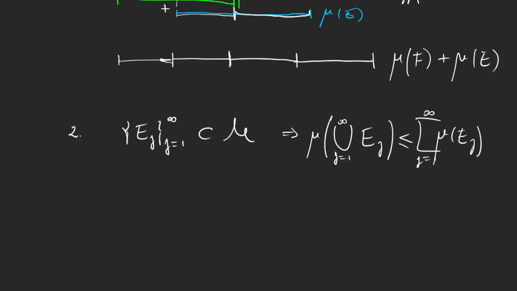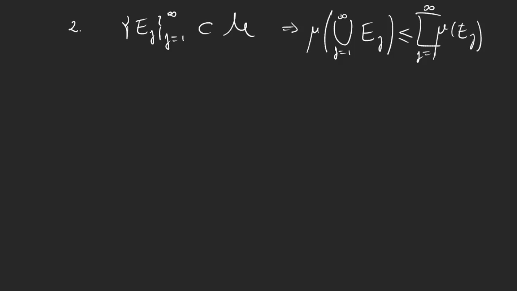And what we're going to do is, well, the only thing we know is that mu is a measure. So we have to use that to our advantage. Mu is a measure, so we know how to calculate the measure of unions of disjoint sets. So why don't we create a new sequence from this one? Let's create a new sequence that satisfies the definition of a measure, that satisfies that it's disjoint.